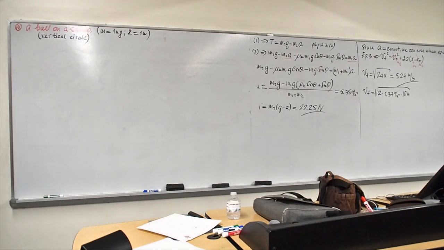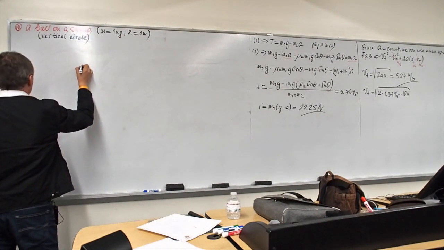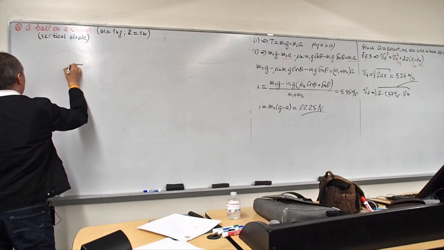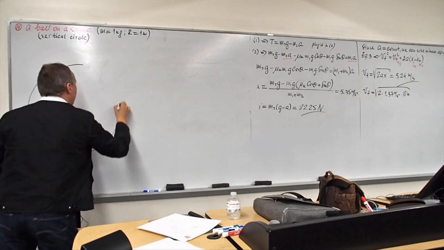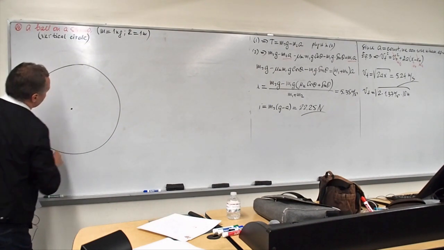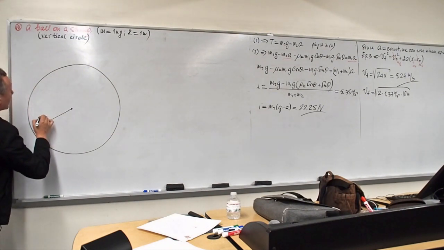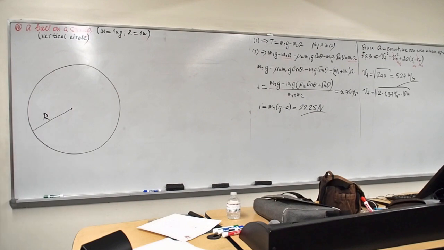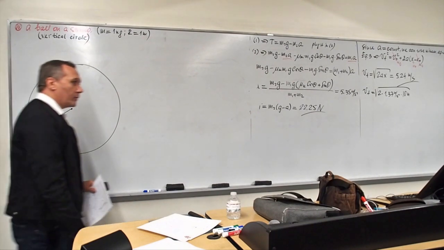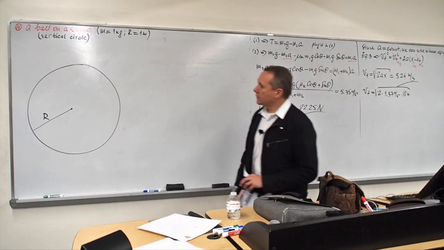I will probably start with the picture because I need to see the diagram. So the center, R, capital R. Most of the time we're going to discuss the top and the bottom.